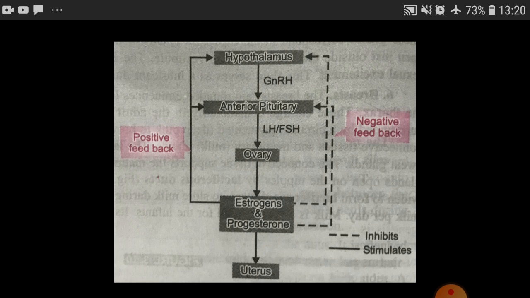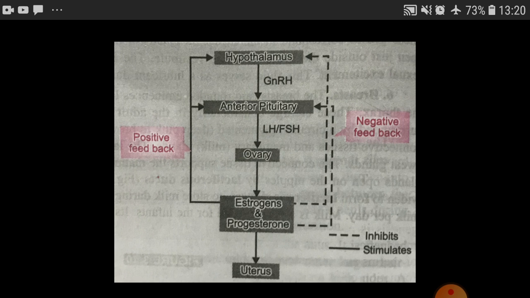So we'll start with the hormonal control of the female reproductive system during puberty. At puberty, the hypothalamus releases gonadotrophin releasing hormones which stimulate the anterior pituitary gland. Then they secrete the follicle stimulating hormone, that is FSH, to stimulate the growth of Graafian follicle, maturation of ovum and secretion of estrogen by follicle cells.